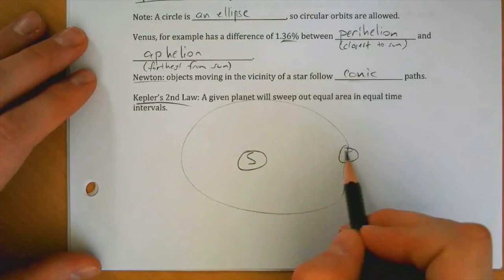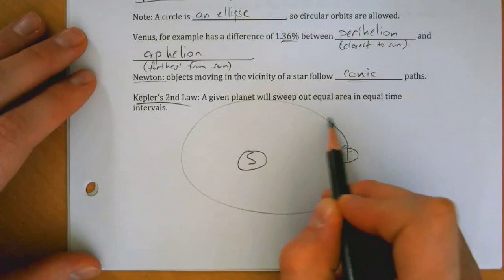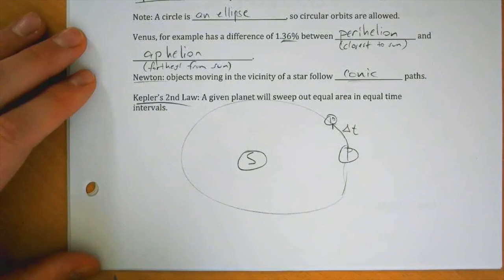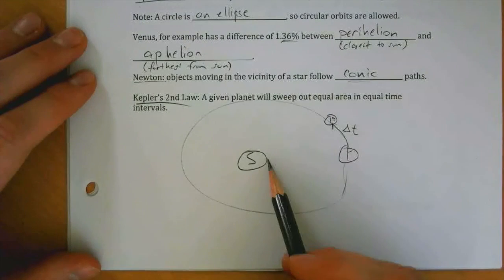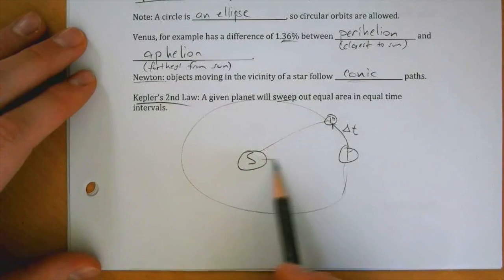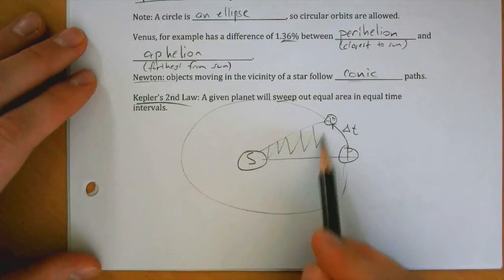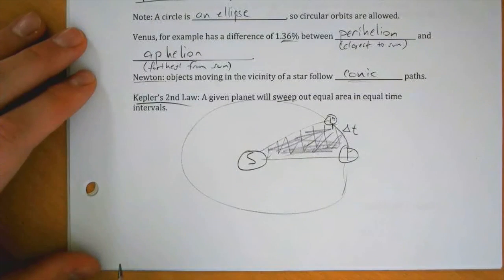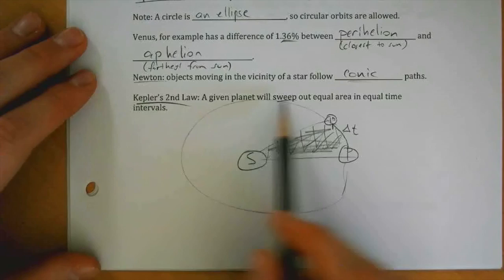Say it takes from here to here. This is a time interval delta t, and when I say sweep out, it's referring to the area of this sector, that's the term for it. The area of this sector is what this area is talking about.